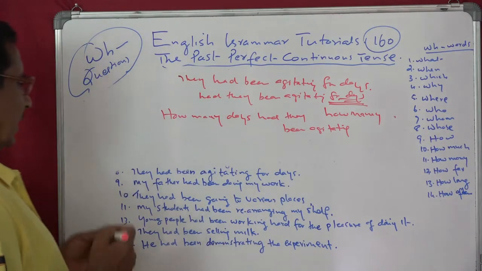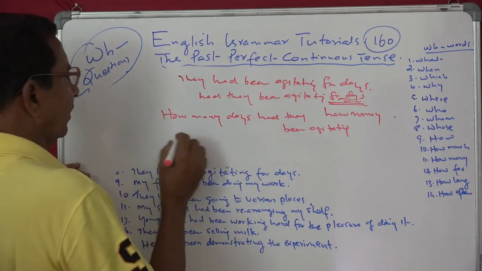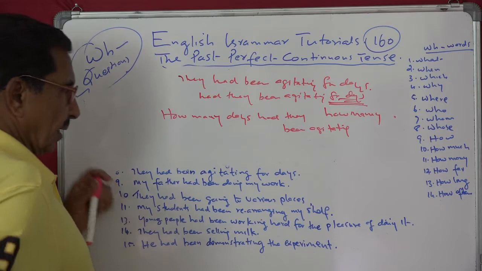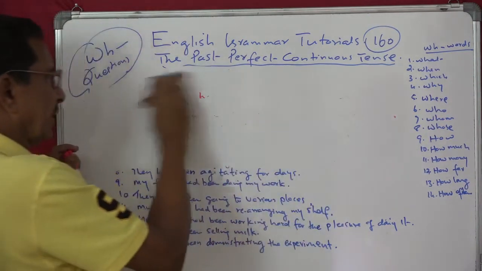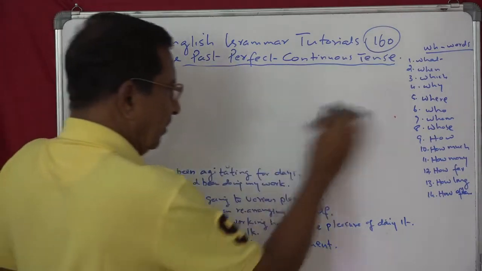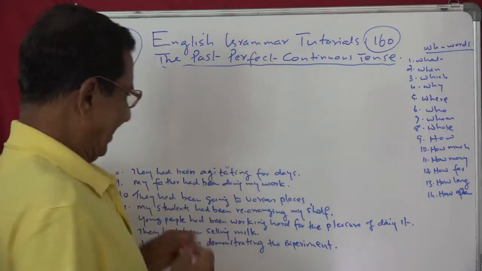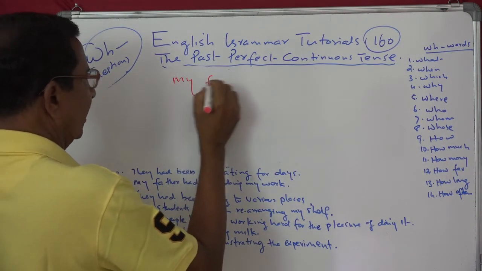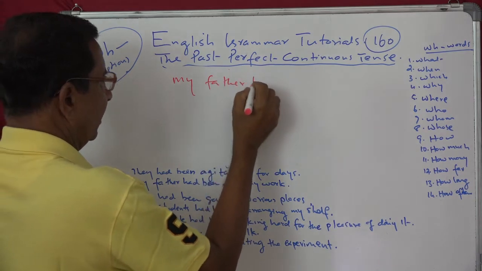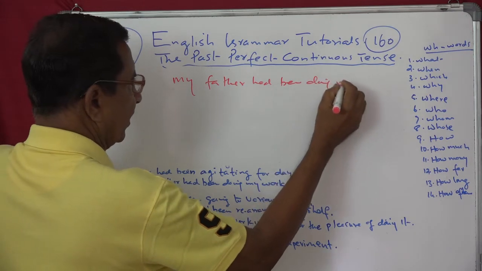Understand? And then next, my father had been doing my work. So it's alright, I will take this. As simple things you have been doing it. That's why I am not giving much importance today. So you understand? Yes. So my father had been doing my work.